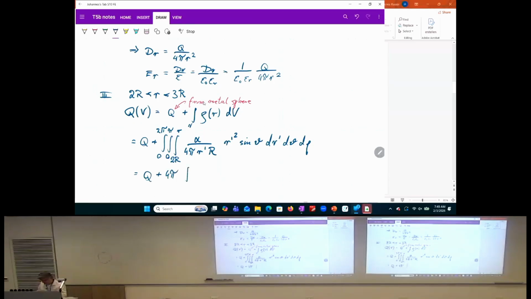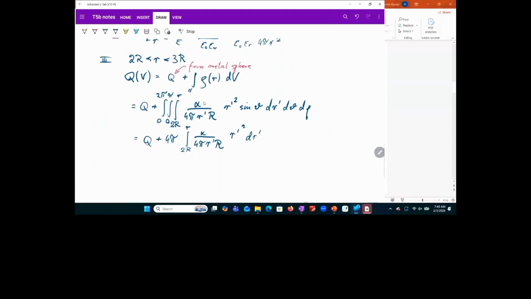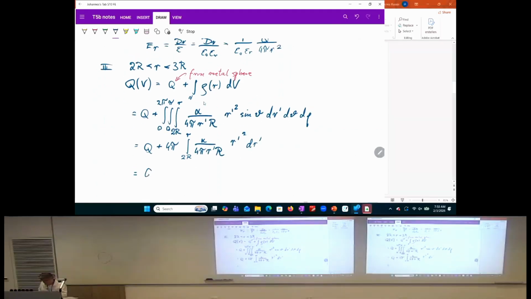And what remains here is the integral from 2R to small r over alpha over 4 pi r prime capital R, r prime squared dr prime. And that is Q plus, you see that 4 pi actually just canceled out with this 4 pi here.